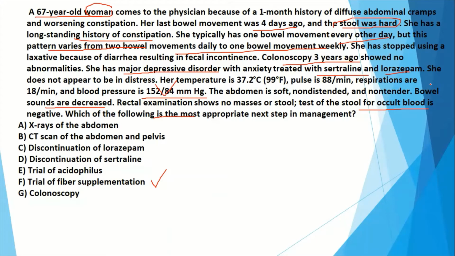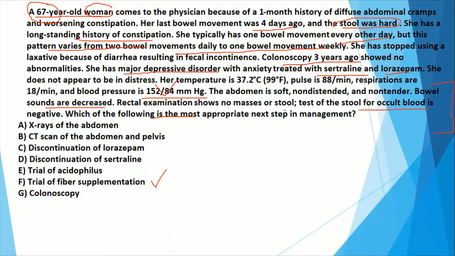Then these findings are very important because this is a quite old patient, and if there is some constipation or some change in the bowel movement associated with melena or fecal occult blood or weight loss or nocturnal diarrhea, then you have to think, okay, these are the red flags, and I have to explore the underlying cause, right?